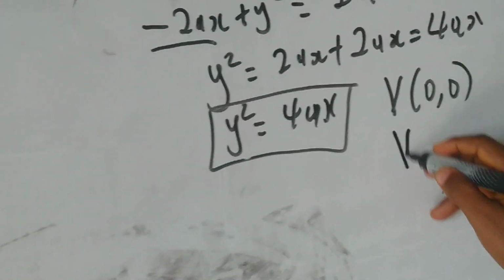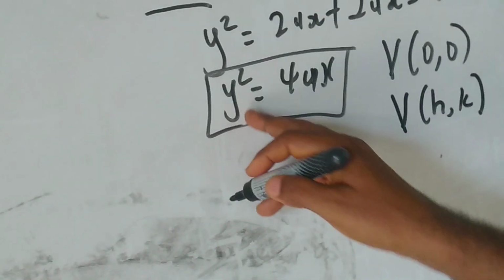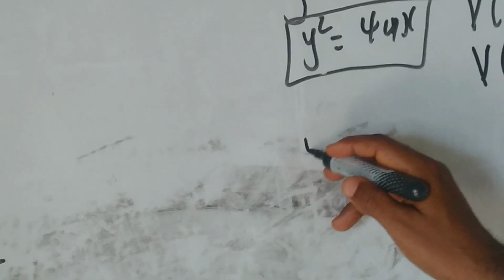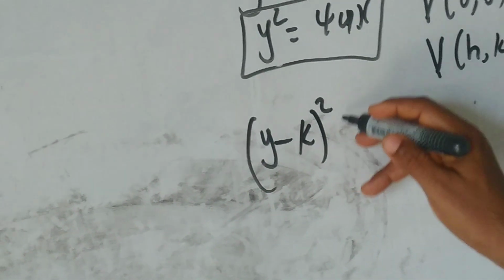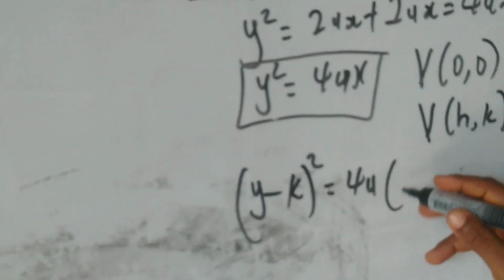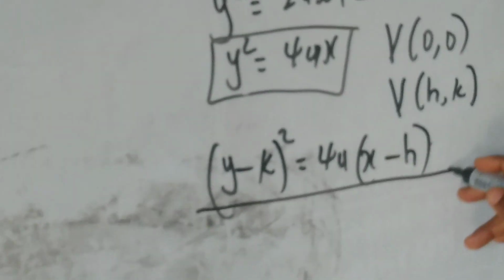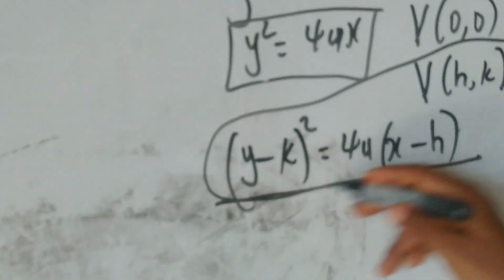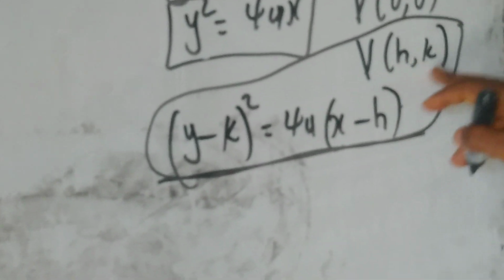Say the vertex is located at a point (h, k). So this equation can be rewritten as (y minus k) squared is equal to 4a times (x minus h). This is the equation of the parabola where the vertex is located at (h, k).